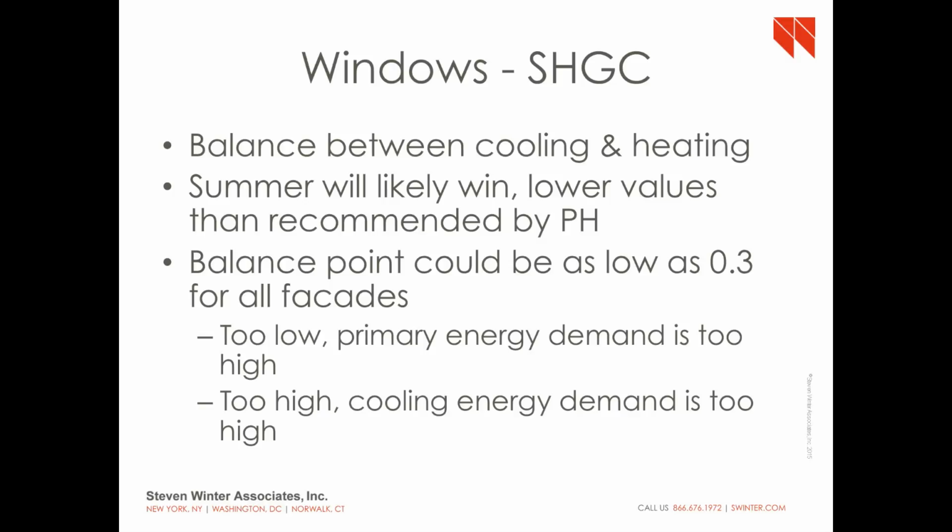So the solar heat gain coefficient, as I mentioned before, you're going to find a balance between the cooling and heating. If you go too low on the solar heat gain coefficient to try and get your cooling down, then your heating starts to bump up because you're not getting the beneficial radiation in the winter. So you look at those three numbers, you make a little change, you go back and look at those three numbers.